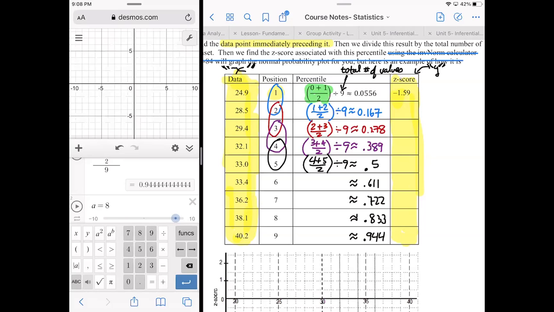We would have to refer to those tables to come up with Z scores associated with particular areas or percentages. No longer is that the case. Now we have calculators that do that for us.